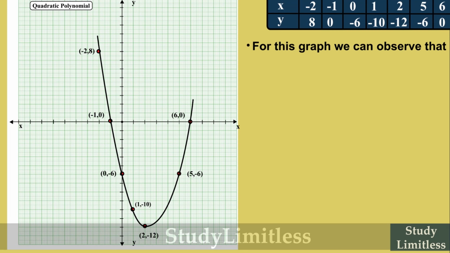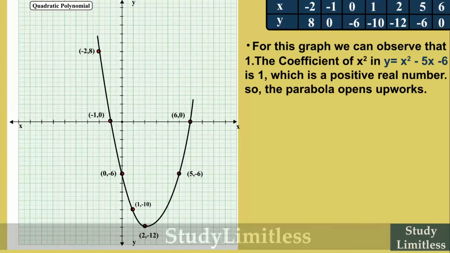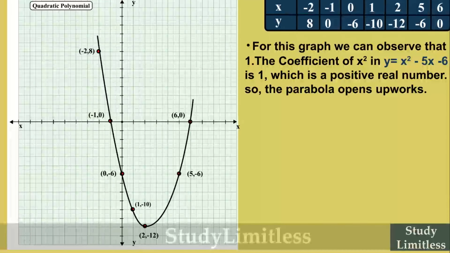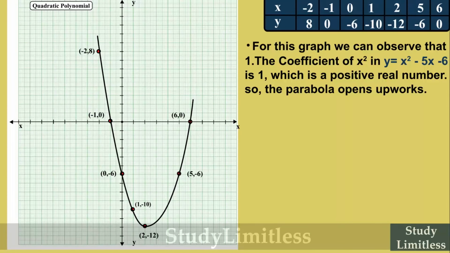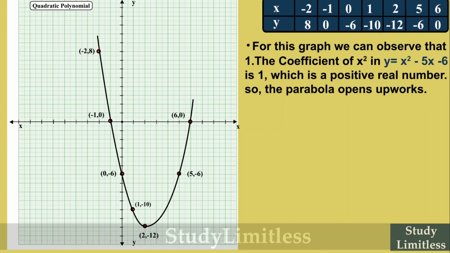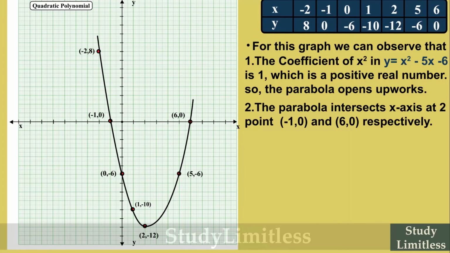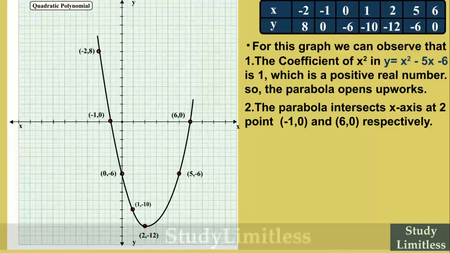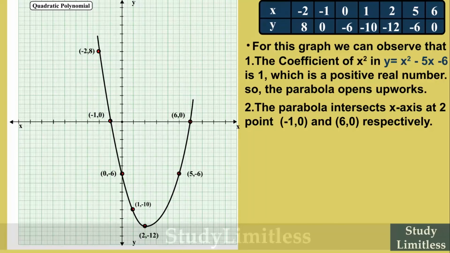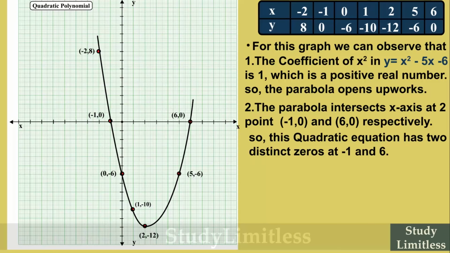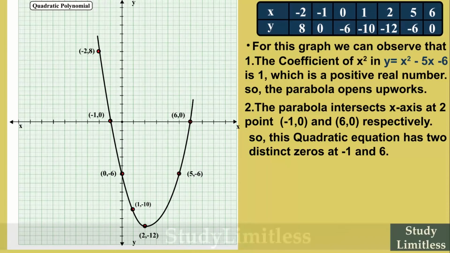For this graph, we can observe that the coefficient of x square in y is equal to x square minus 5x minus 6 is 1, which is a positive real number. So the parabola opens upward. The parabola intersects the x-axis at two points, (minus 1, 0) and (6, 0) respectively. So this quadratic polynomial has two distinct zeros, minus 1 and 6.